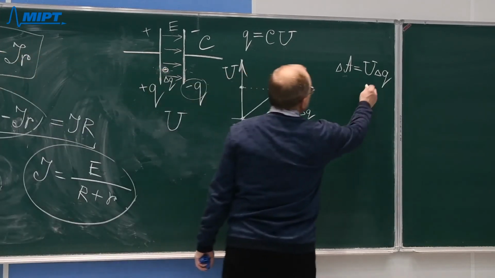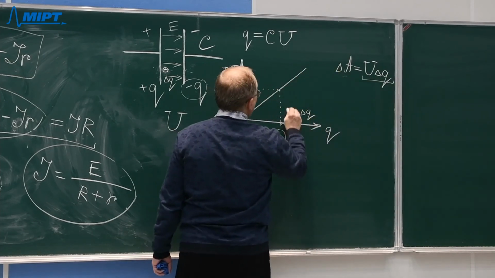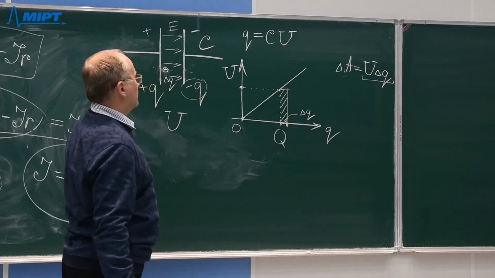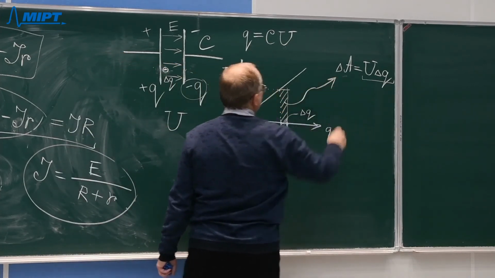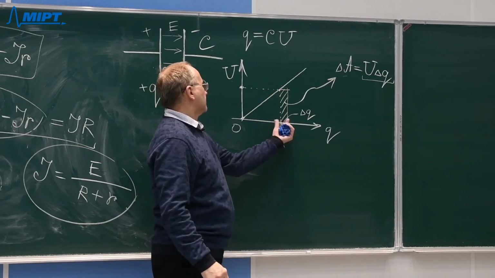But what is this potential difference times delta Q? This is the area of a small rectangular figure. That is the work, delta A, the area of this thin rectangle.